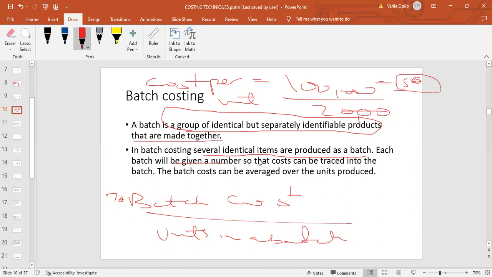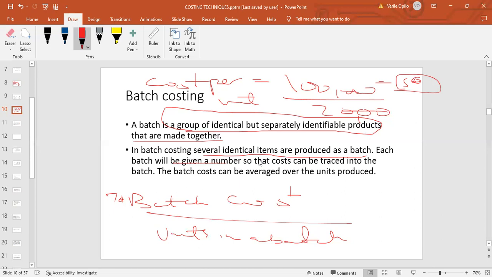For example, with phones, they tell you to check which batch number the item was. If there's a problem with that batch, they can be recalled and taken back to the manufacturer for replacement. So all batches are likely to be given numbers so that they can be easily identifiable and traceable.